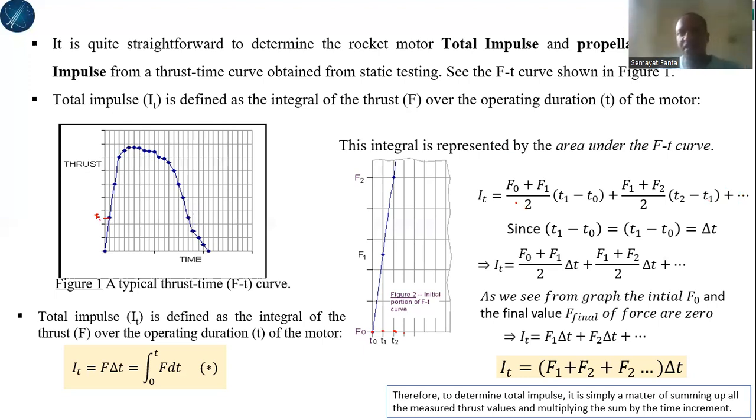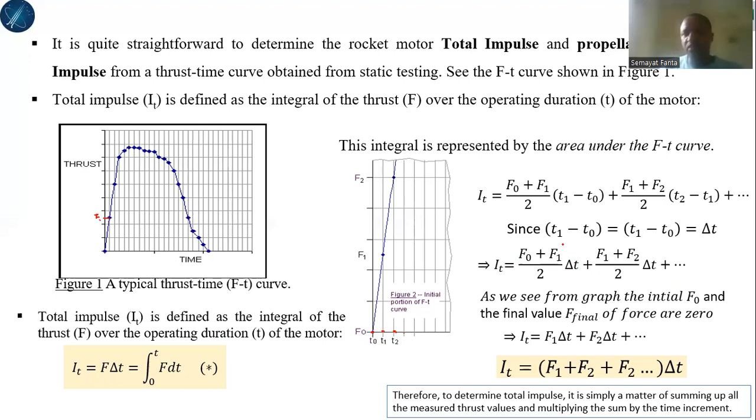mathematical calculation. You can write F naught plus F1 over 2 times T1 minus T naught. This is delta T. Again here, F1 plus F2 over 2 times T2 minus T1, plus continue the same for the others. By doing that, finally we can get the total. Discretizing time in equal points, we call it delta T, or some change in time.